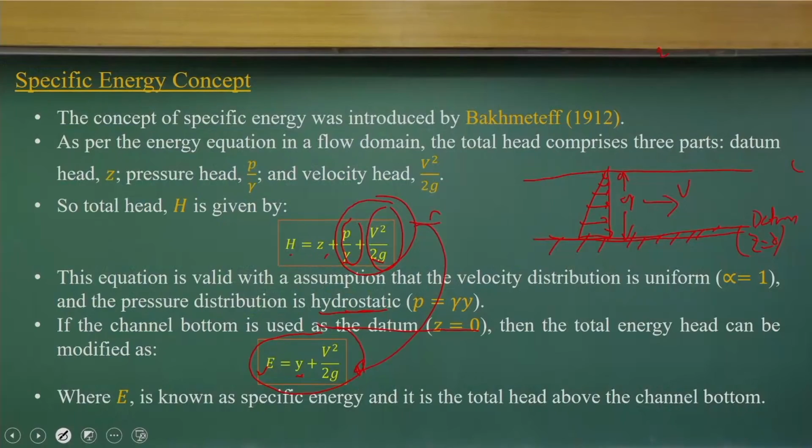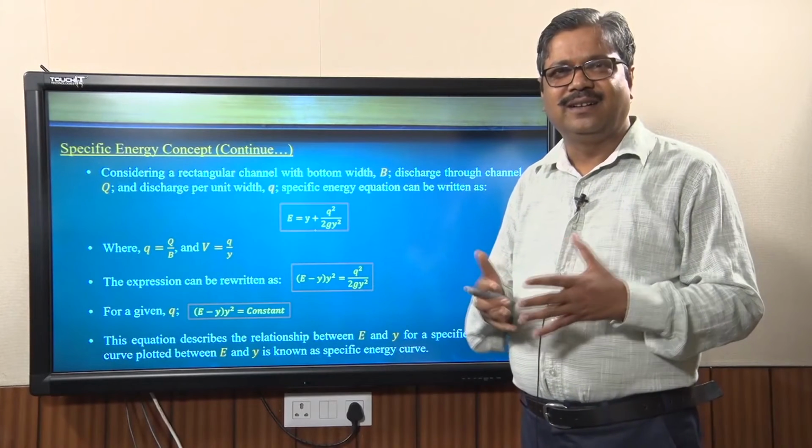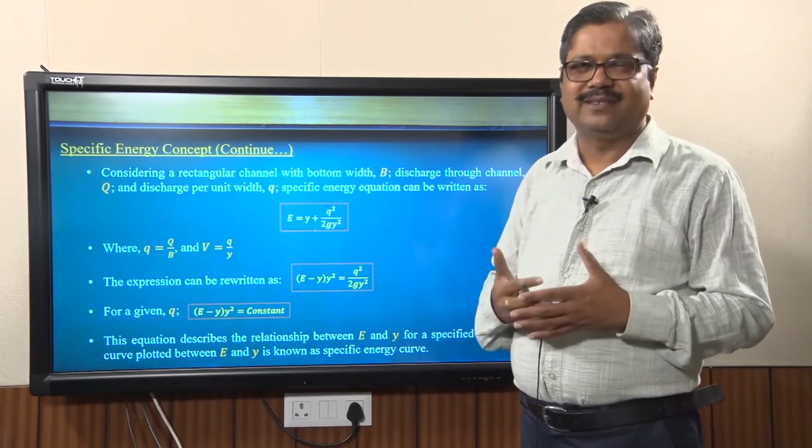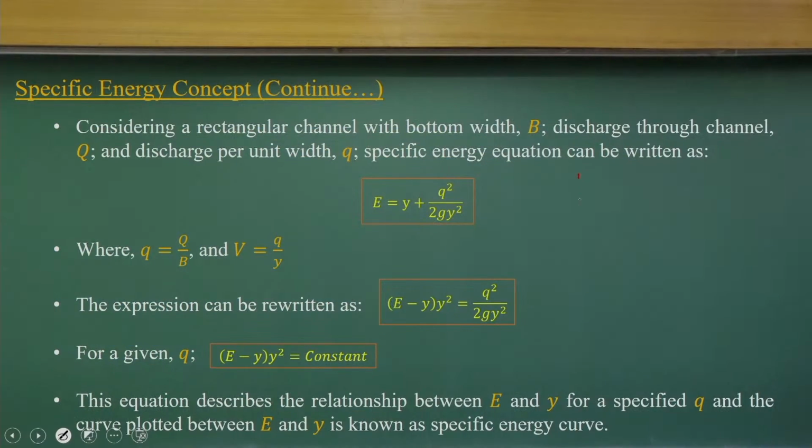Now, if you look at these equations, many times we can consider the river as a rectangular channel. That is an assumption. If I consider the river as a simple rectangular channel having width b and y as the depth of flow, these are assumptions, but quite valid.